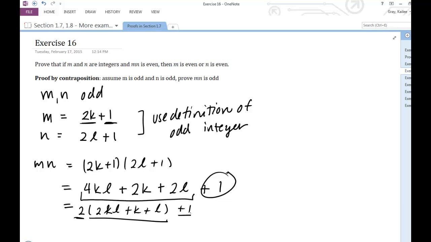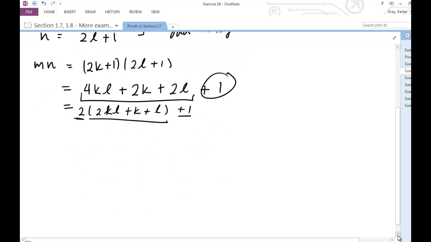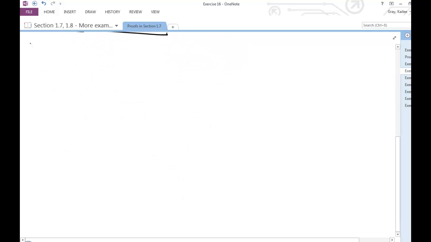Not too bad. But this is not a very nice way of presenting our proof, right? It's not very readable. I don't really know what k and l and m and n are. It's not well explained. So let's go ahead and write this out in a way that's a little bit more clear. And it's nice when you're proving a statement using contraposition to let your reader know that you're trying to prove the contrapositive.